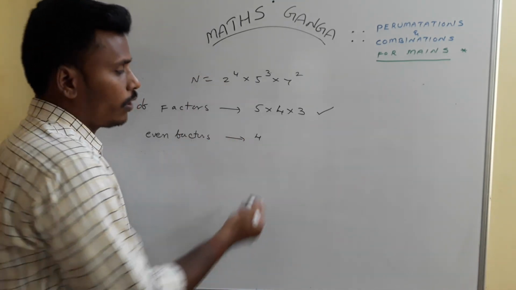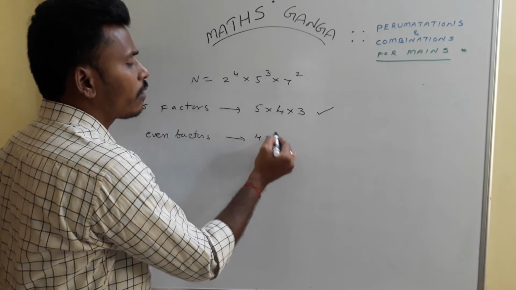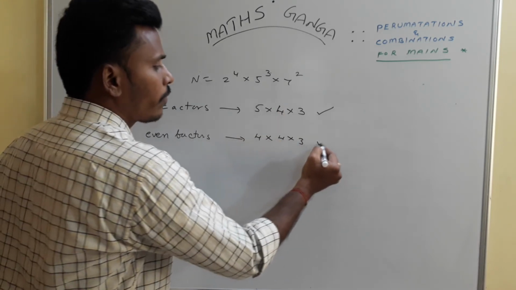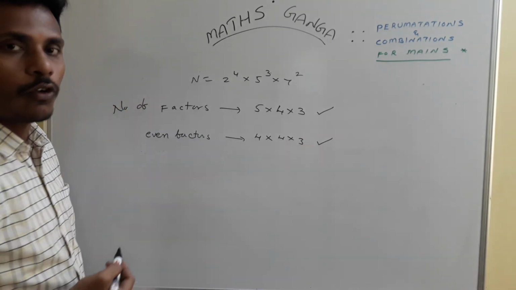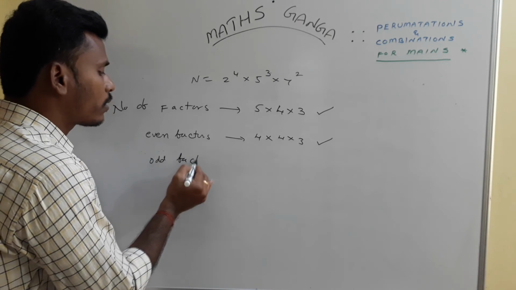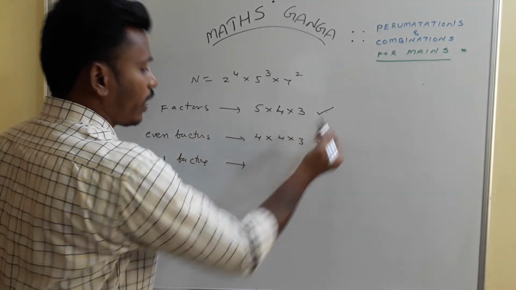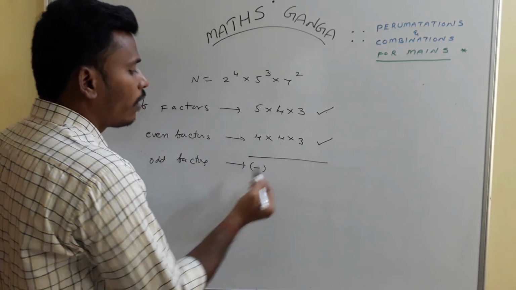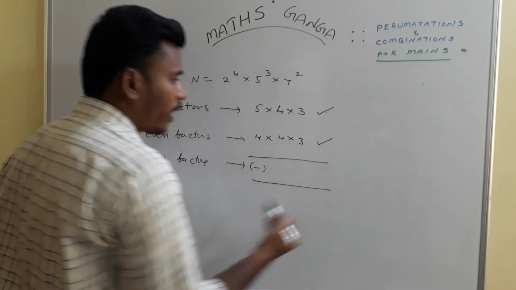It can be done in 4 ways. And then 5's and 7's can be selected in all possible ways, which is 4 into 3. So the number of even factors is 4 into 4 into 3. Coming to the number of odd factors, since these are the total number of factors and these are the even factors, the subtraction of these two will give the number of odd factors.